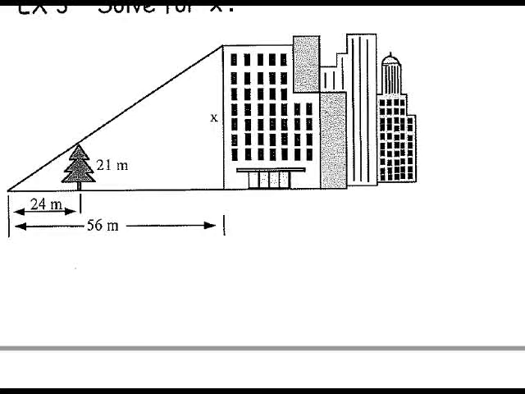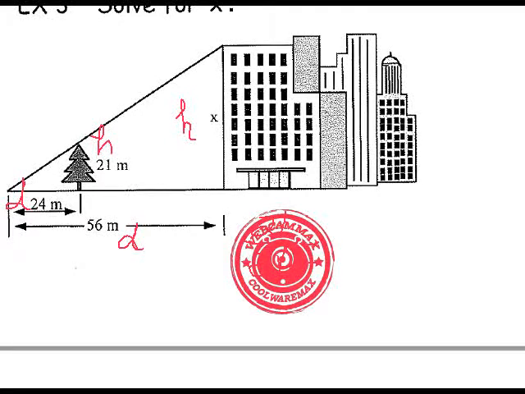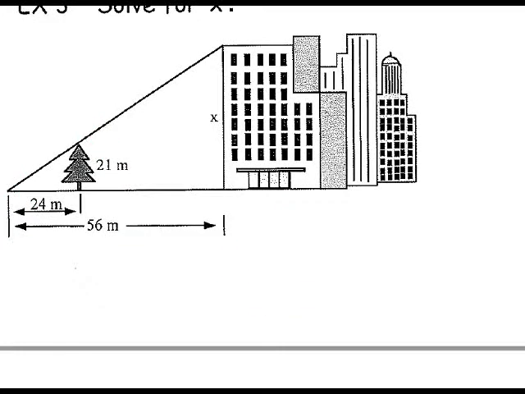So we have distance, height, and height. So we can do the height of the tree, 21 over 24. Oh, well, that's interesting. Let's try this again. Sorry about that. I hit a stamp.